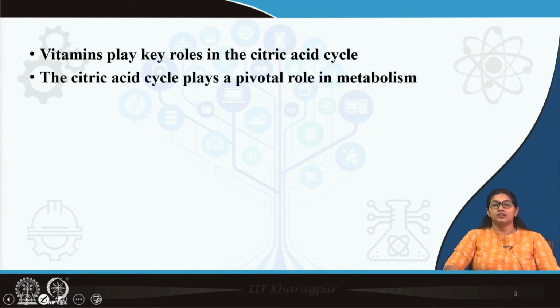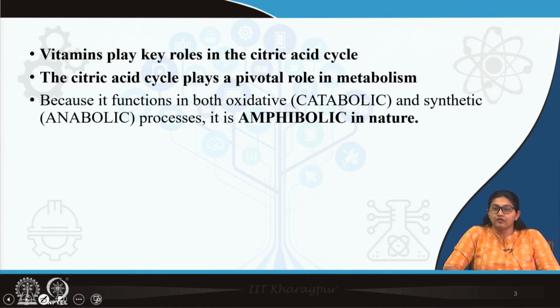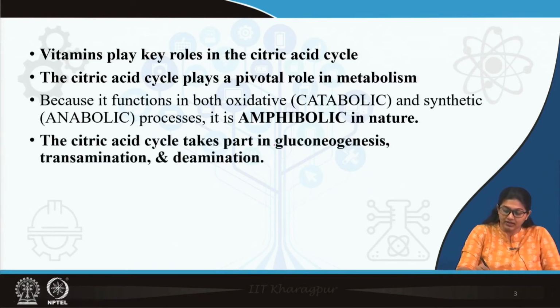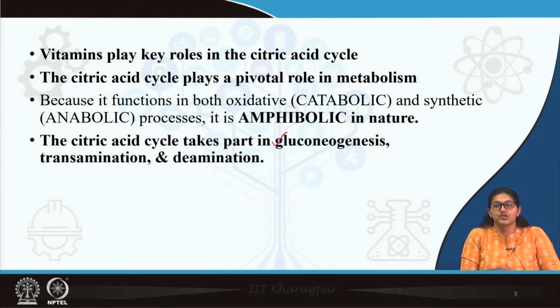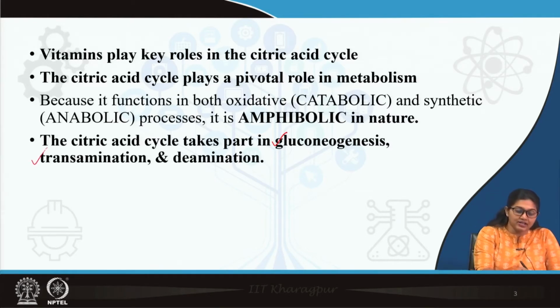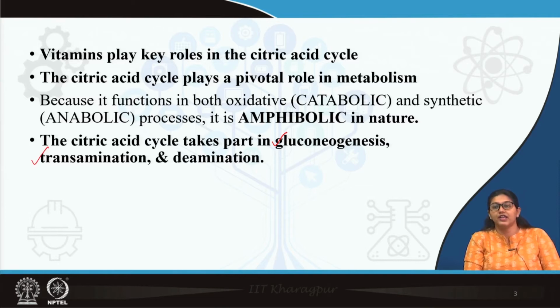Next, the TCA cycle plays a pivotal role in gluconeogenesis, which we will discuss in the next session. Also transamination and deamination are very important mechanisms for the metabolism of amino acids and proteins, so the TCA cycle has a role in this metabolism as well.